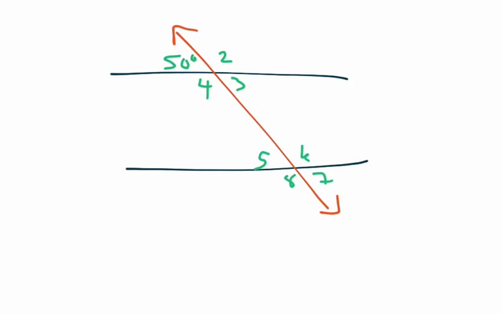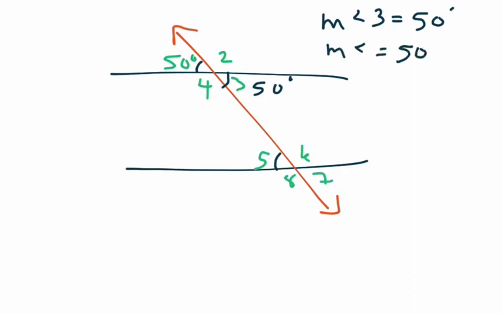So the way I would look at this is I would say, okay, 50 degrees is from here to here. Its vertical angle is number 3. So I know vertical angles are congruent, so the measure of angle 3 would have to be 50 degrees. And then I would remember that if 3 is an interior angle, I alternate on over the transversal and stay interior. That would mean that 5 is also 50 degrees because alternate interior angles are the same.